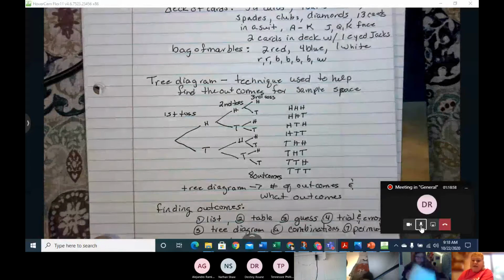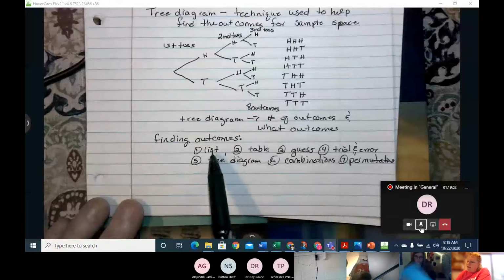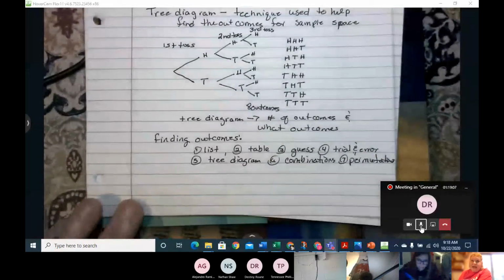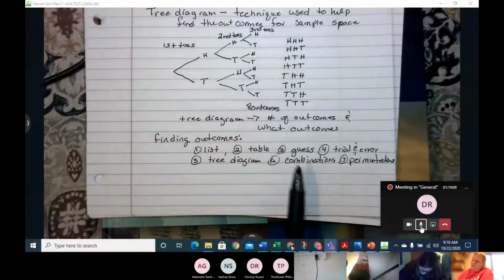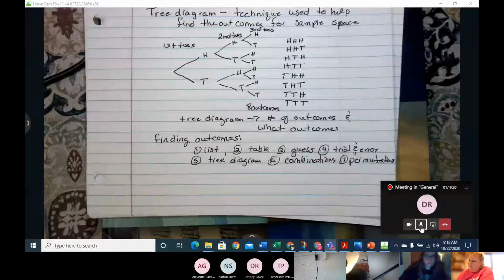So we've looked at the tree diagrams. We've looked at a list. We did that first. We didn't do a table, but I'll leave that up to you. Guessing is not a very good method, but it is a method. Trial and error is not a very good method, but it is a method.